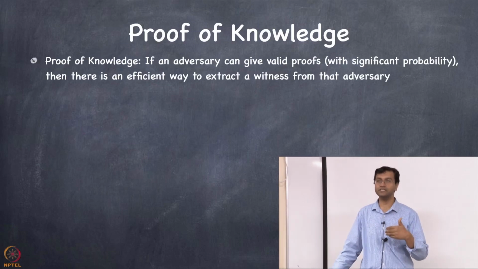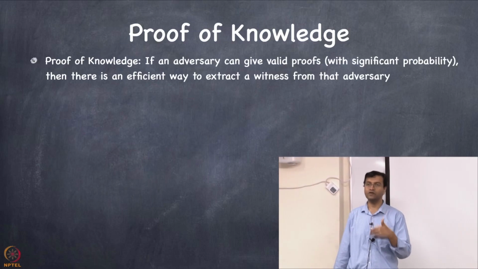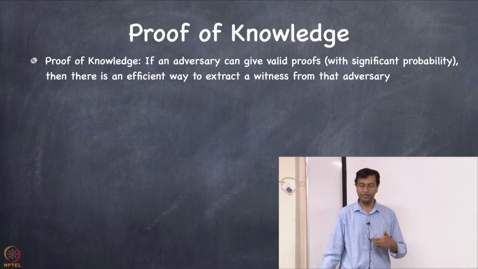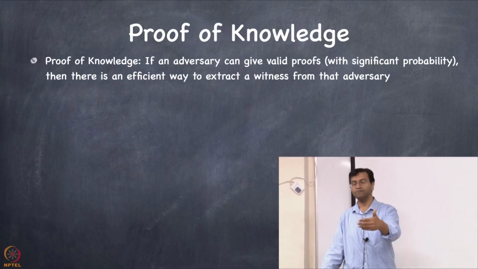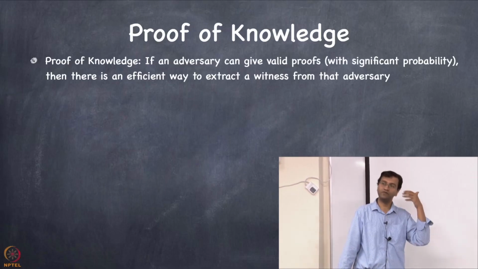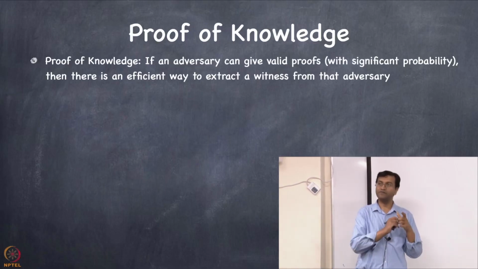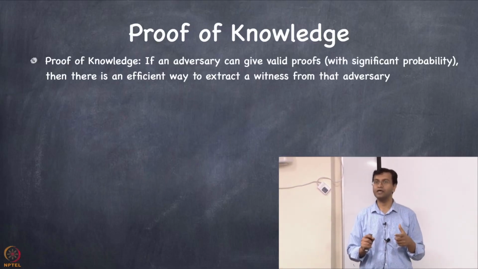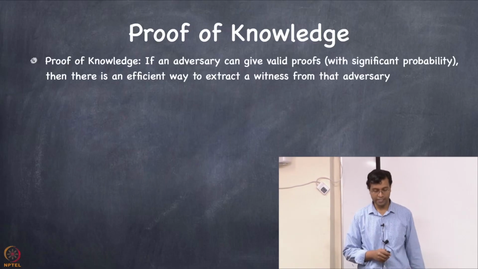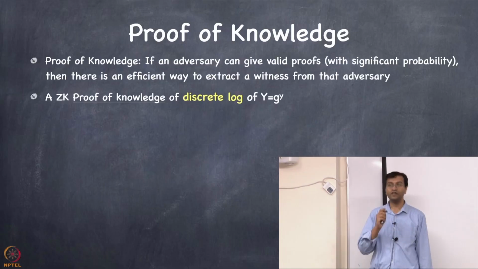So if an adversary has a non-negligible chance of convincing you, as in making you accept the proof, then there is a way somebody would have gone into the head of that adversary and extracted a witness in the clear. Okay, that's a claim. Okay, so let's see a zero knowledge proof of knowledge for discrete log.